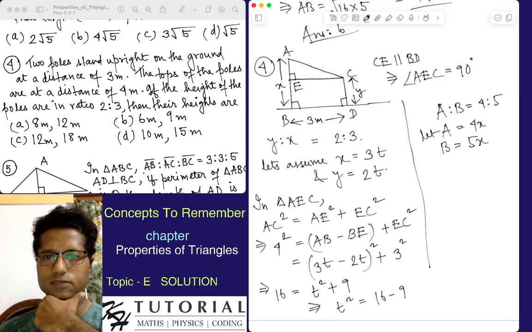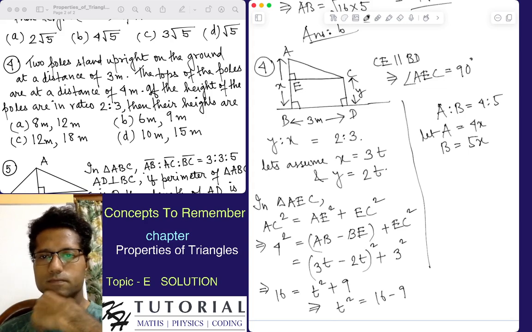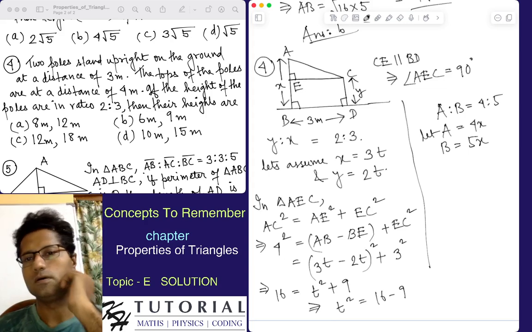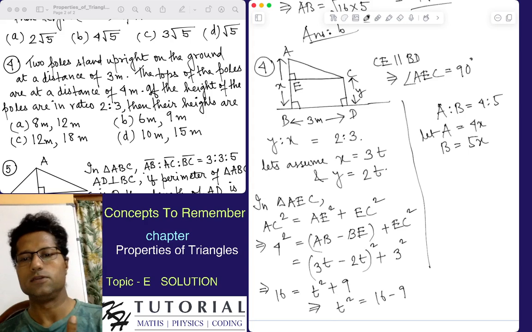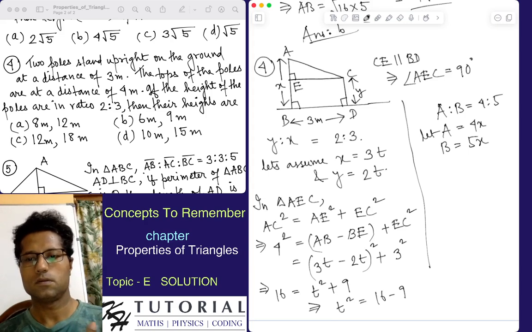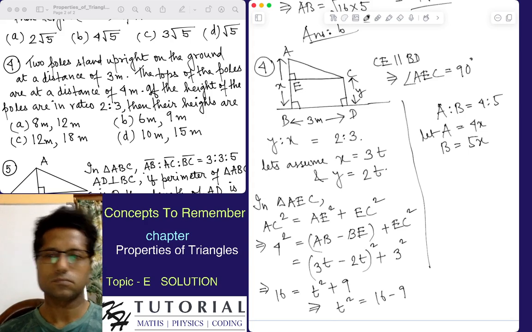In triangle AEC we have AC square equals AE square plus EC square. AE is basically the difference of the heights of the poles, that is AB minus BE, and AB is the height of the larger pole, which should be 3t, because the ratio of the heights of the poles is given to be 2:3.